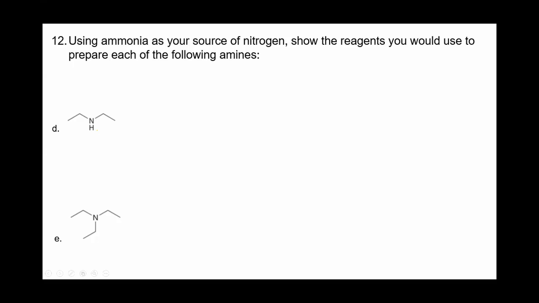If we're using ammonia as our source of nitrogen, we're not given stipulations for carbon. So we can just use that as one source. So I'm going to use ethanal or acetaldehyde plus NaBH3CN.